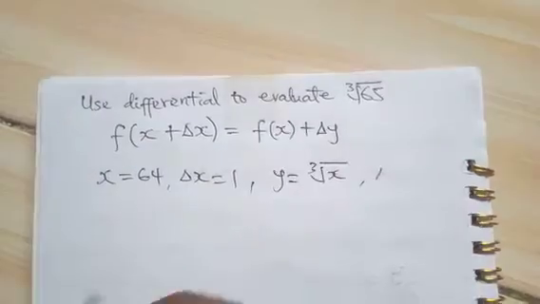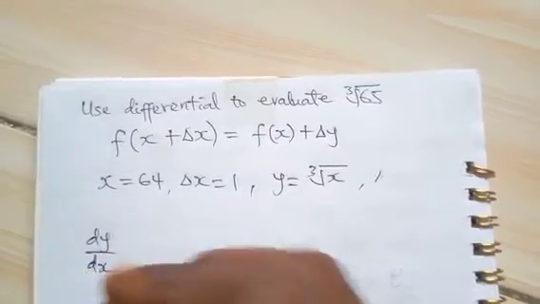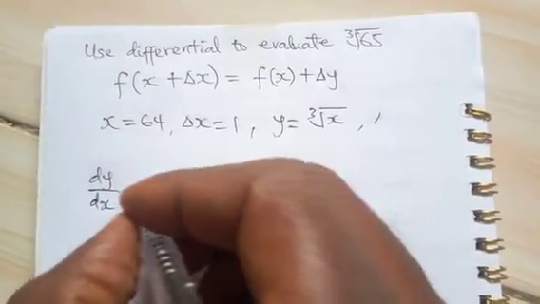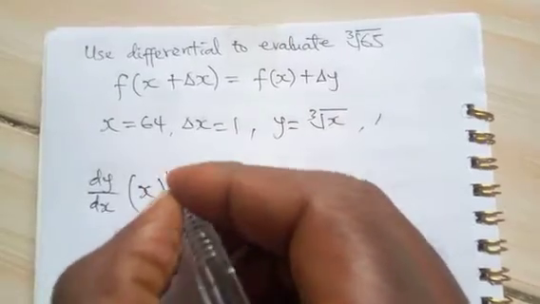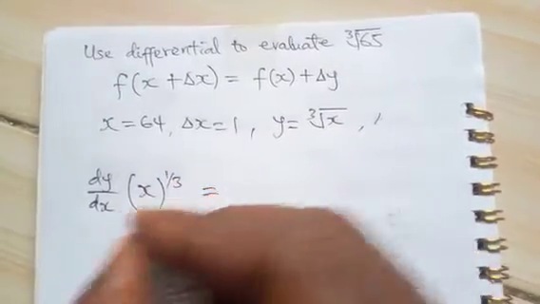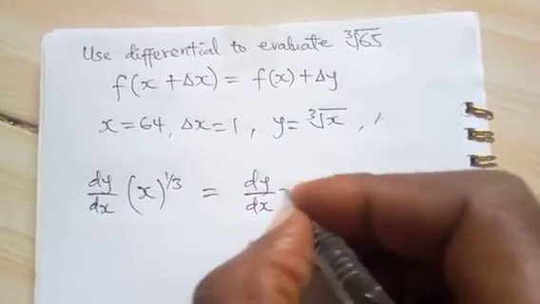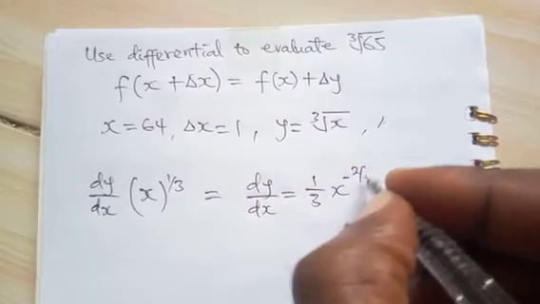Remember that if we differentiate y with respect to x, y becomes x raised to power 1 over 3. So if we differentiate that, we get dy/dx equal to 1 over 3 x raised to power minus 2 over 3.